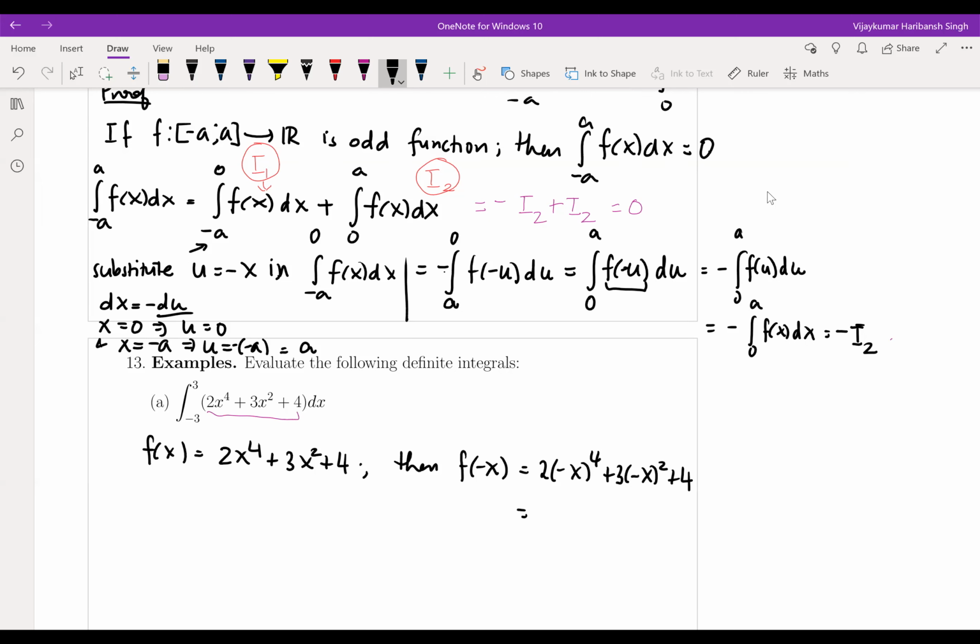That is going to be 2x to the 4 plus 3x squared plus 4, which is the same as f of x. Therefore, f is an even function.